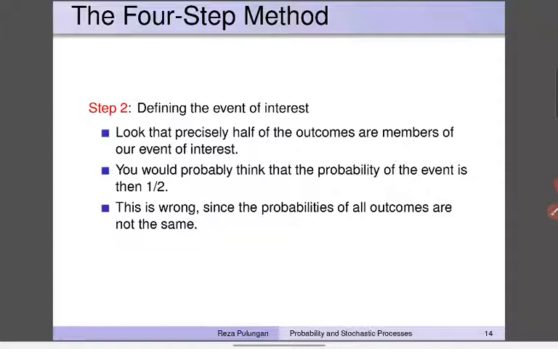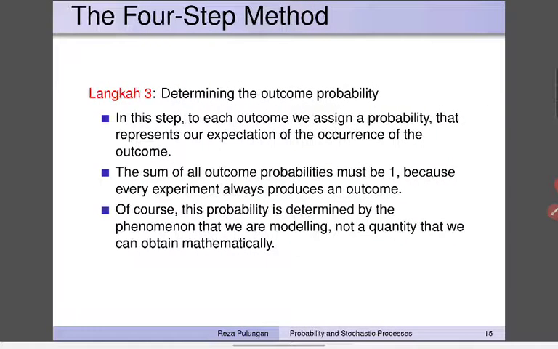What is the probability of these outcomes? This comes in the 3rd step. In the 3rd step, we are going to determine the outcome probability. In this step, to each outcome, we assign a probability that represents our expectation of the occurrence of the outcome. Where do we get this probability?